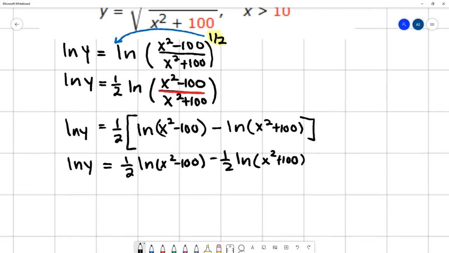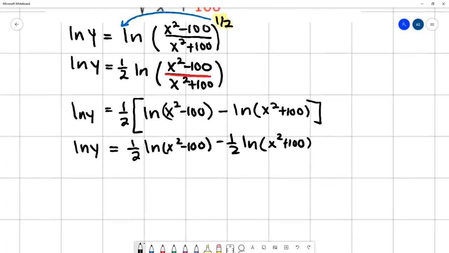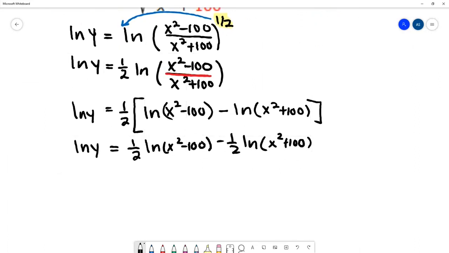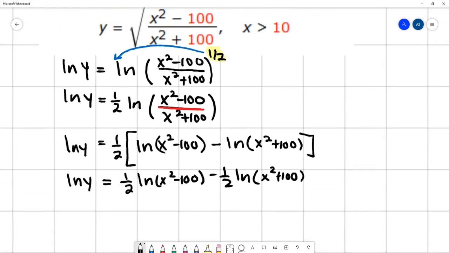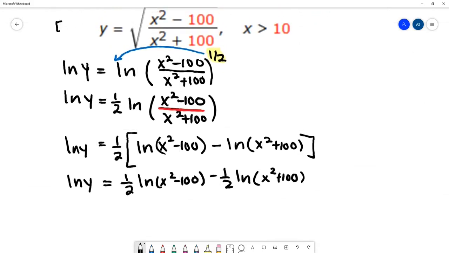So now that I've used these properties of logarithms, I have some individual terms, and I'm going to calculate the derivative. However, we've taken this equation, which was originally in an explicit format, and now it's in an implicit format. Explicit is when you have y equals.